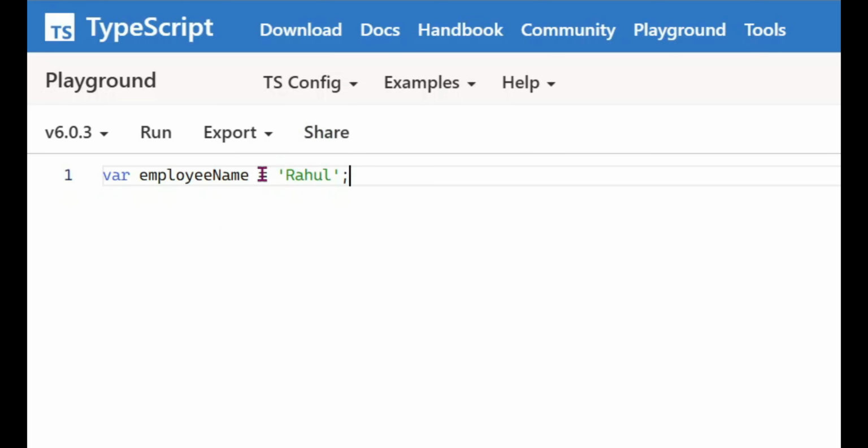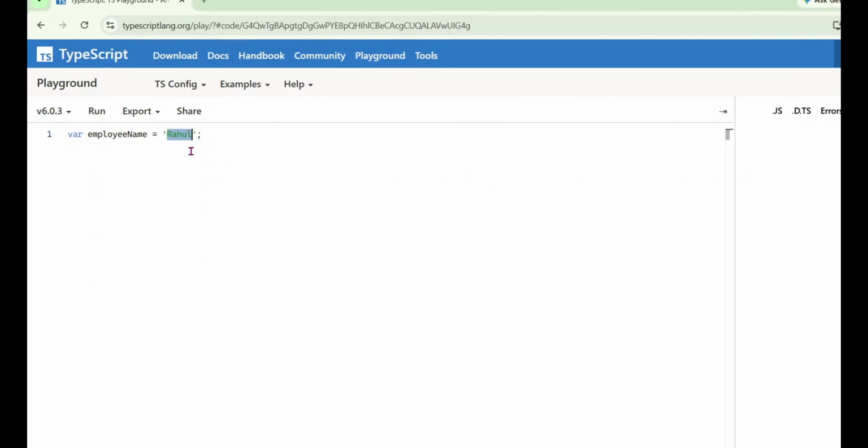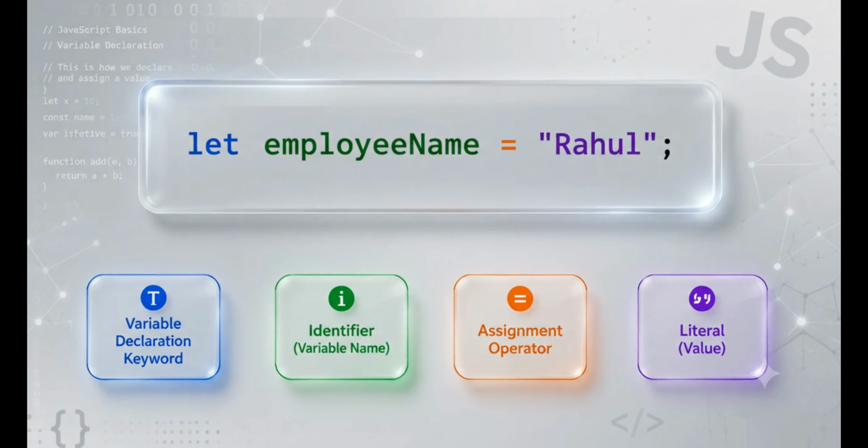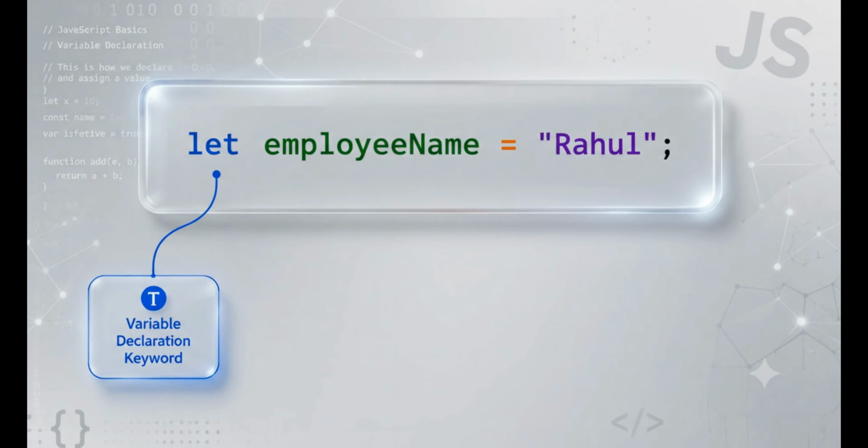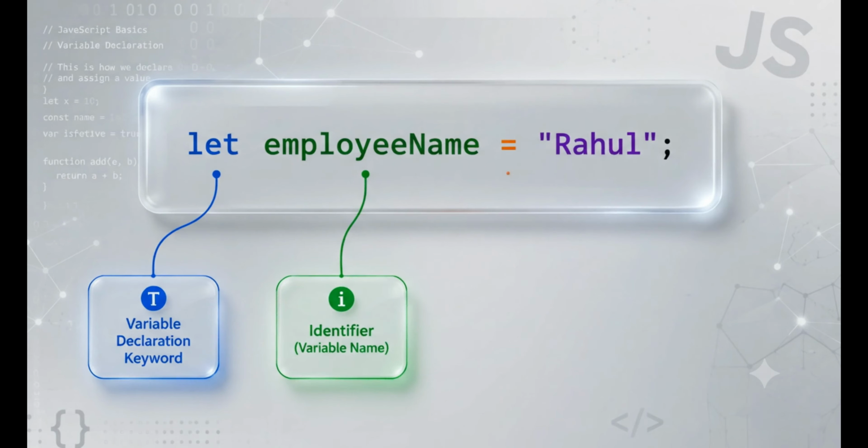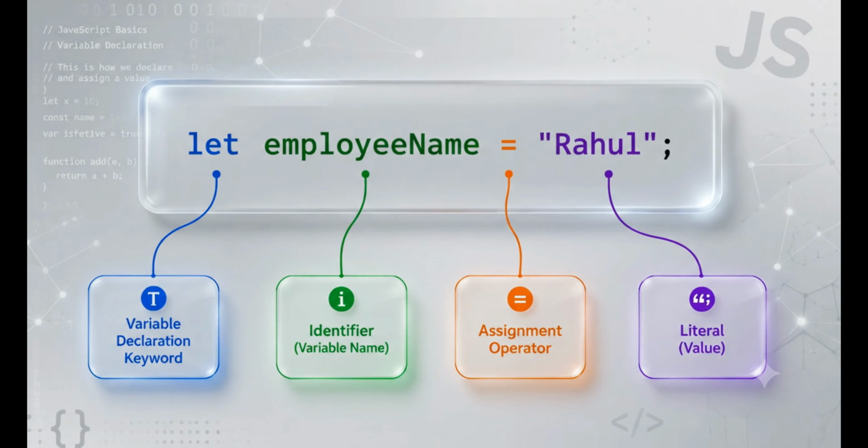Then equals is the assignment operator. And whatever name or value is given here is the literal, and it's the value. As you can see in this image also, this is the variable declaration keyword, this employee name is the identifier, and this is the assignment operator.